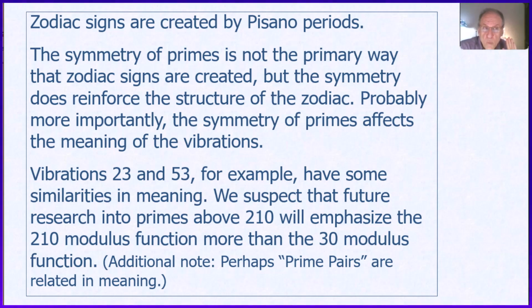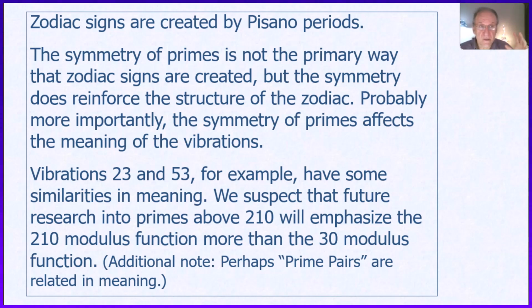The way in which these symmetry lines, these symmetry points of prime numbers get distributed around a circle with an emphasis on 0 Scorpio is not the primary thing that creates the zodiac signs. Zodiac signs are created out of Pisano periods.